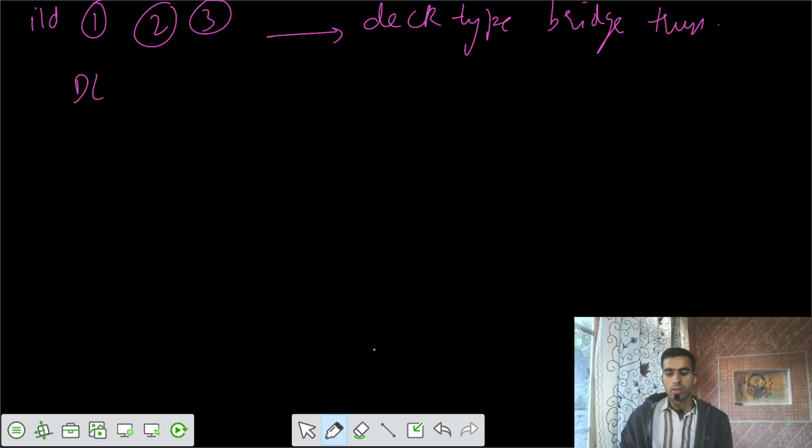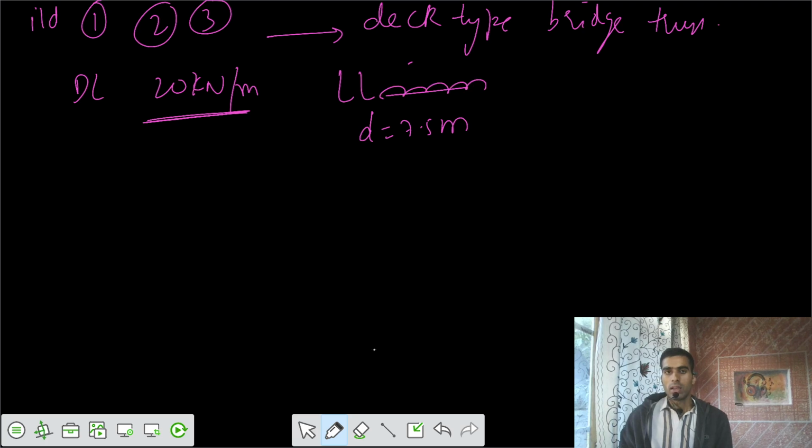Your dead load is 20 kilonewton per meter for the entire span. And your live load length D is 7.5 meter, with an intensity of 40 kilonewton per meter.